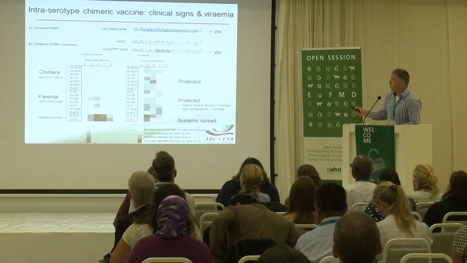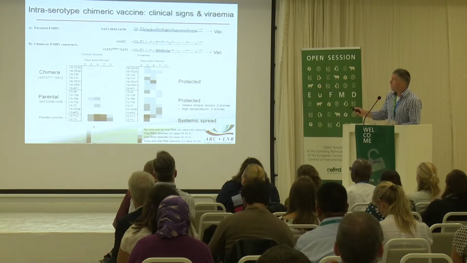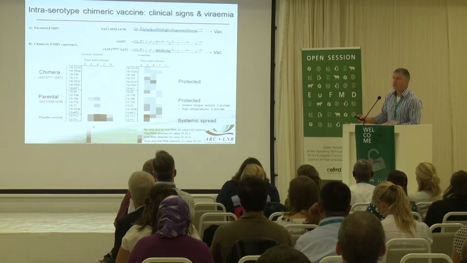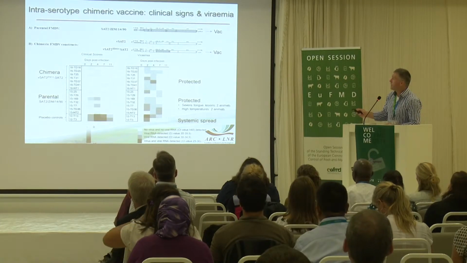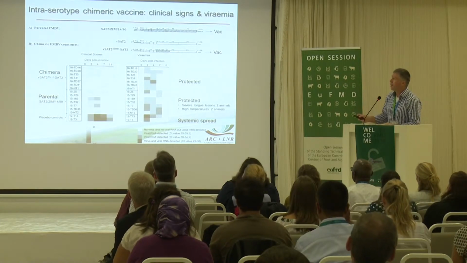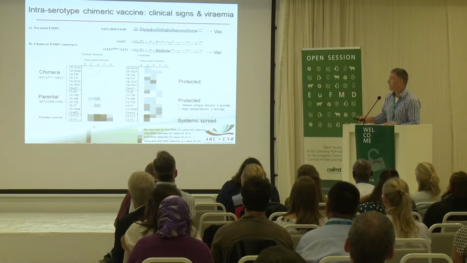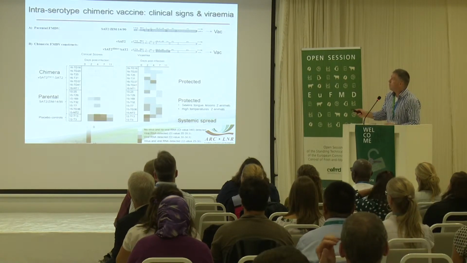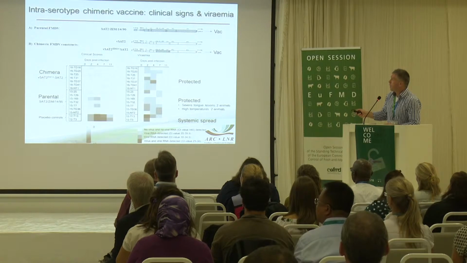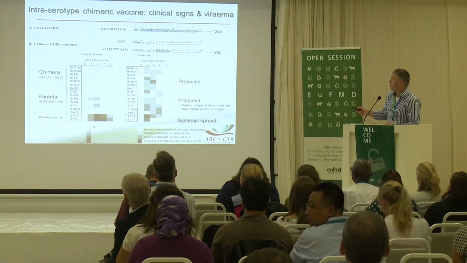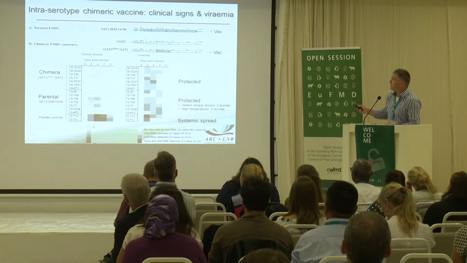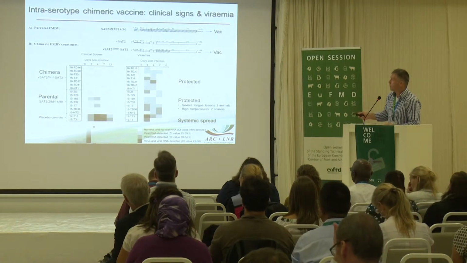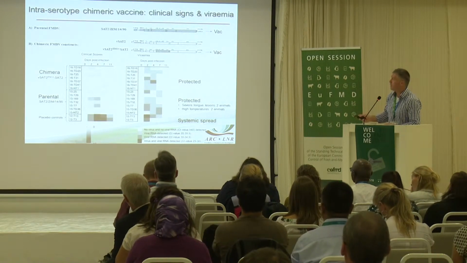In one experiment, we swapped the capsid coding region of a SAT2 virus into the SAT2 backbone that we created in this manner. We created an intraserotype virus, a SAT2 chimera, and we made vaccines of these two and vaccinated 7 animals with each of these.